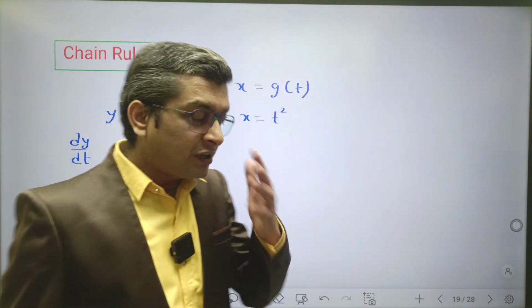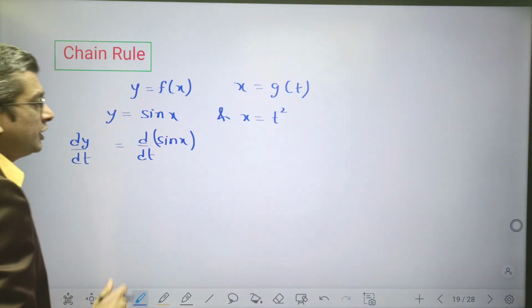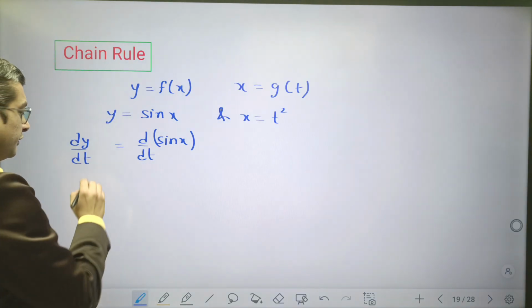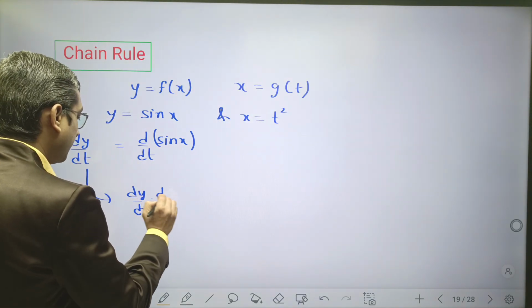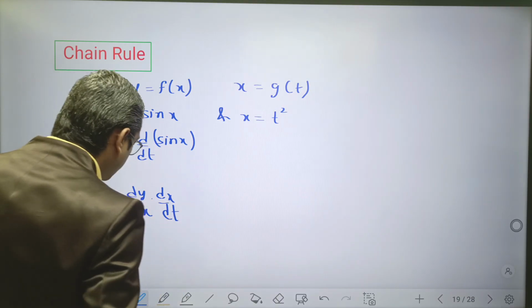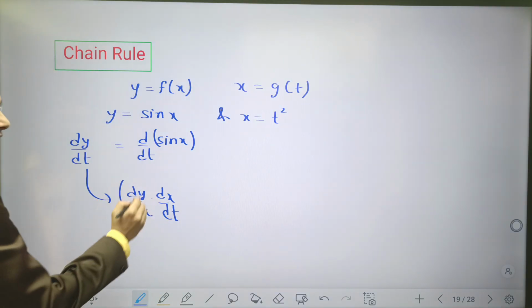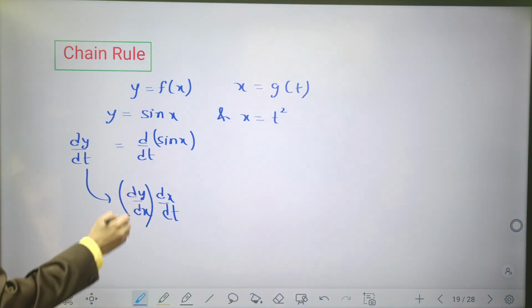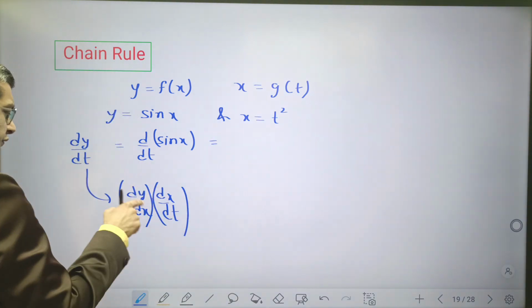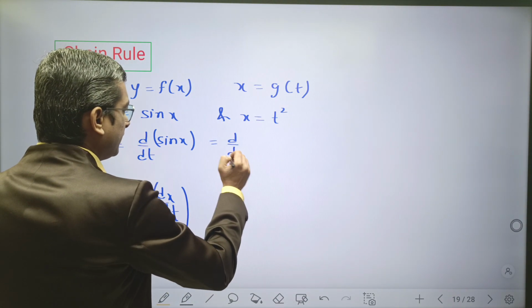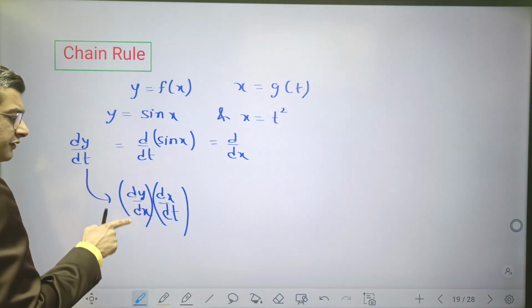In such cases we have to use the chain rule, and this rule says that dy by dt can be written as dy by dx multiplied by dx by dt. So divide and multiply by dx and rearrange it. The first term becomes dy by dx and the second term becomes dx by dt.